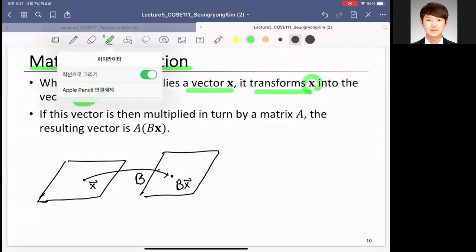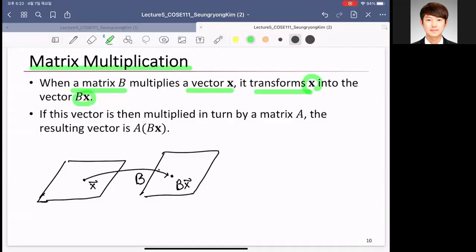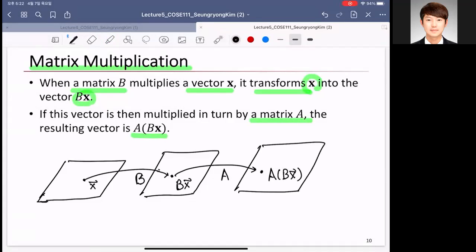Then, if this vector is then multiplied in turn by matrix A, the resulting vector is A times BX. What does it mean? If we multiply matrix A again here, then the new vector is going to be A B X in another space, like that.